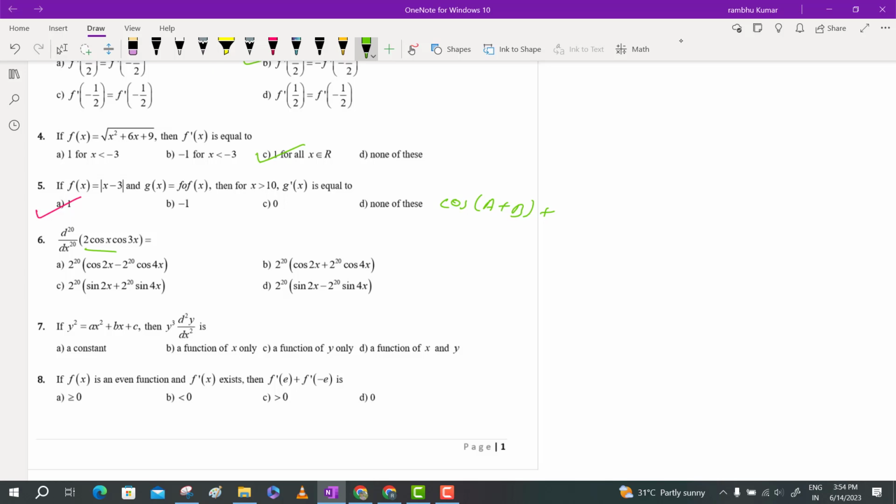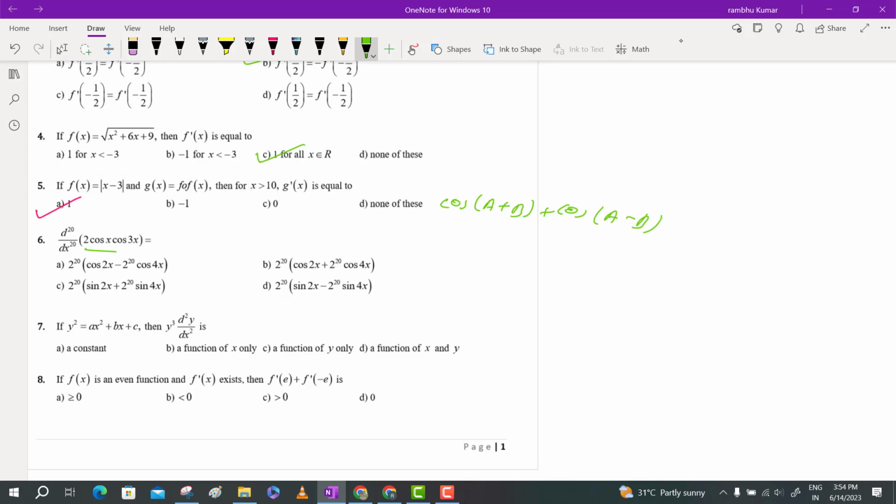If you simplify, cos a cos b minus sin a sin b, and here this will give you cos a cos b plus sin a sin b, and sin will get cancelled, so you will have 2 cos a cos b.